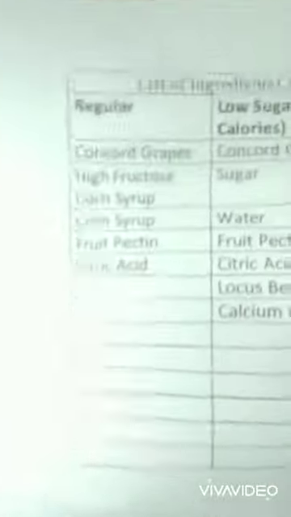And then it uses corn syrup, fruit pectin, and citric acid, which is used both as a preservative and also to achieve the pH that is desired for this process of gelation.